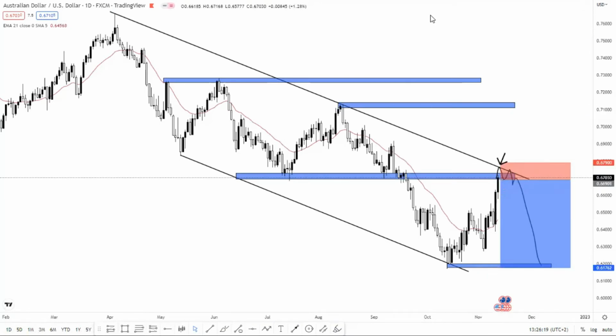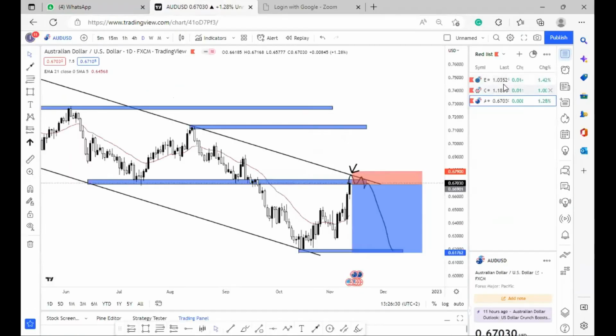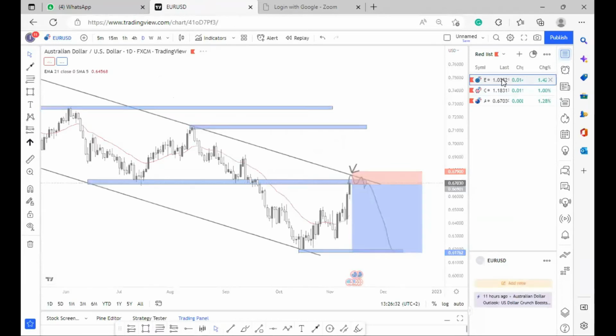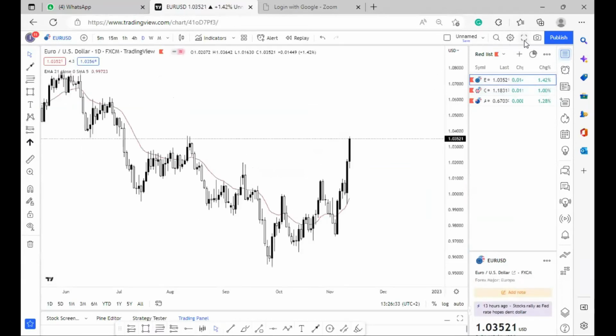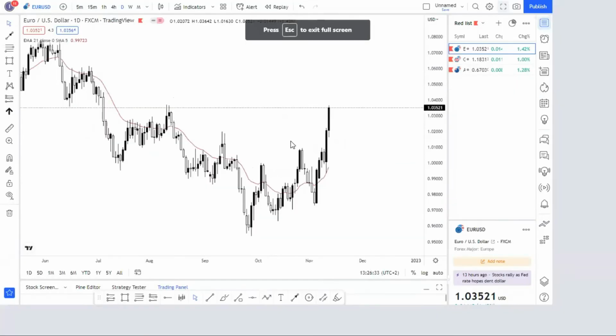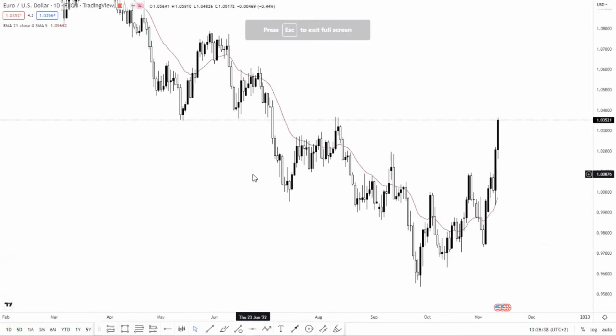Yes. So let's get into another pair, which is EURUSD. So your EURUSD is more like AUDUSD.